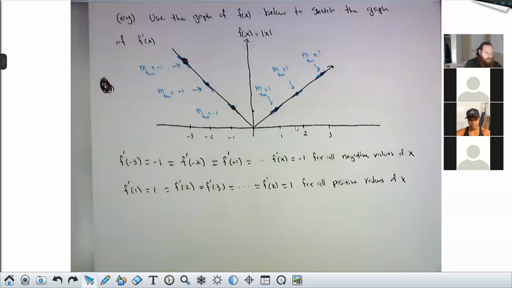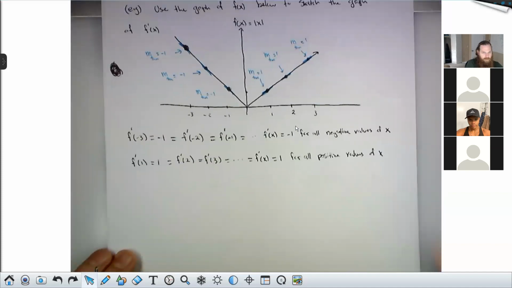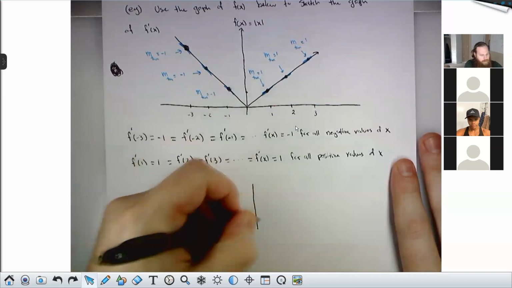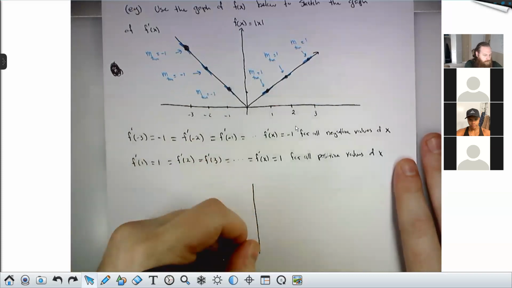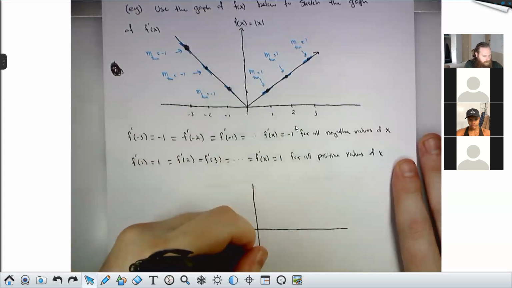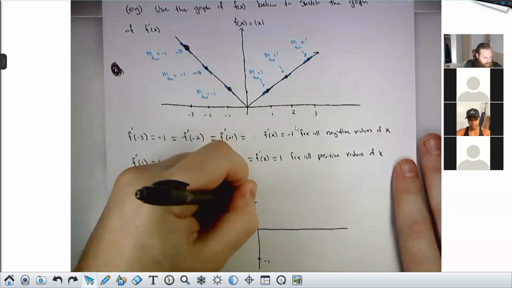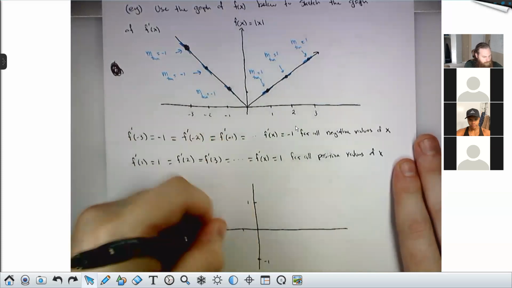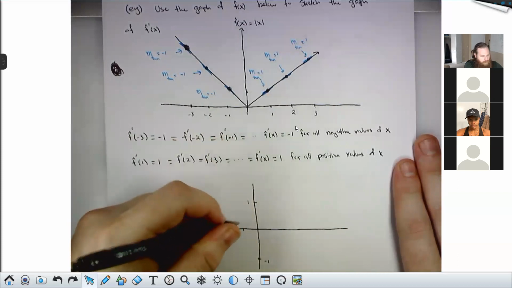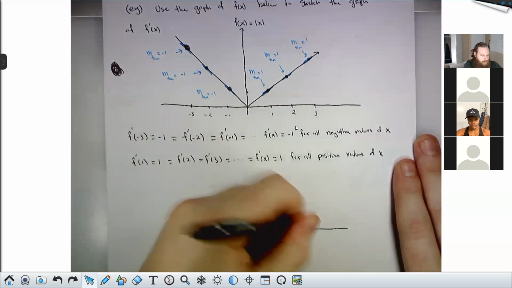Well, what does that look like? If I want to sketch a function that is equal to -1 everywhere x is negative and equal to positive 1 everywhere x is positive, two straight lines, I would assume.